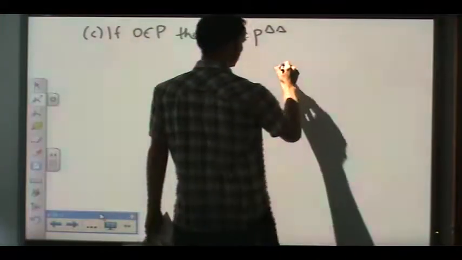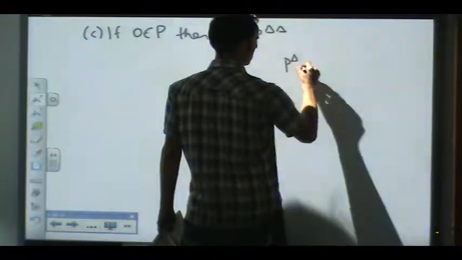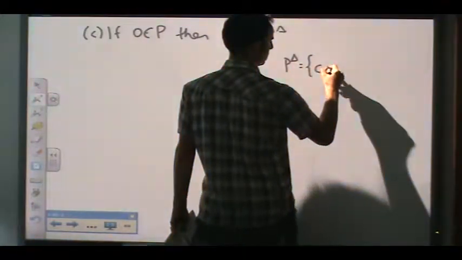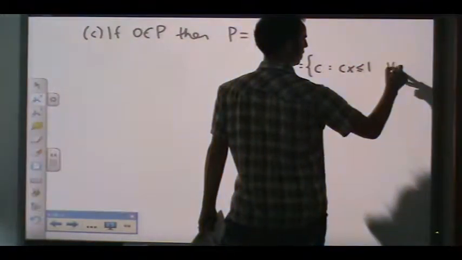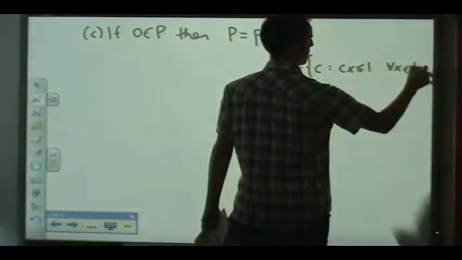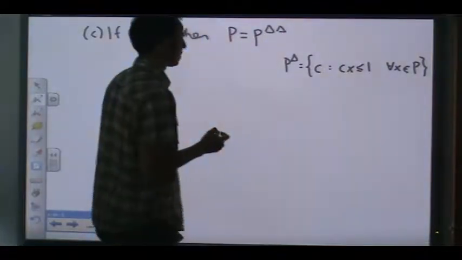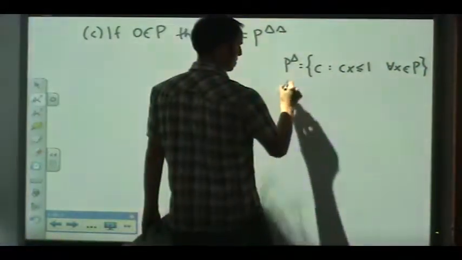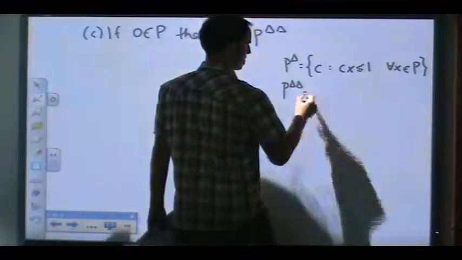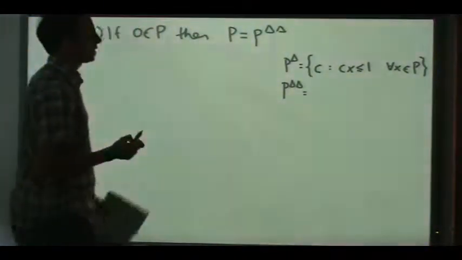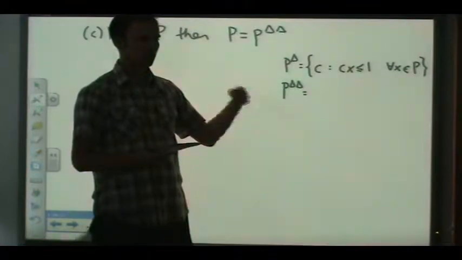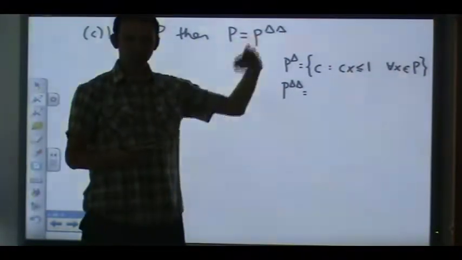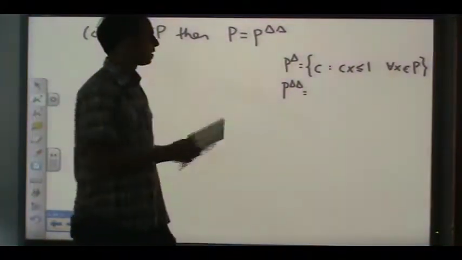So P dual is the set of C such that Cx less than or equal to 1 for all x in P. What's P dual dual? You see, now for the dual dual, I want to take the pairing with C, so I want these to be column vectors again.